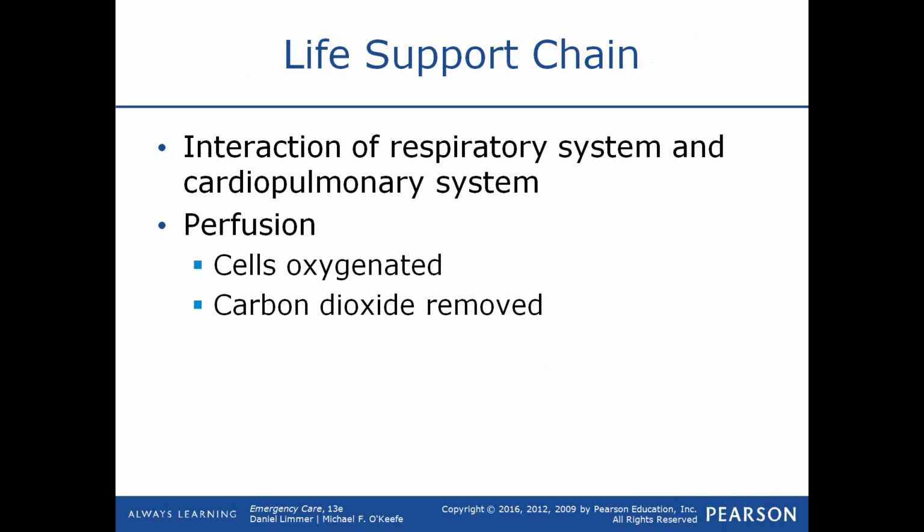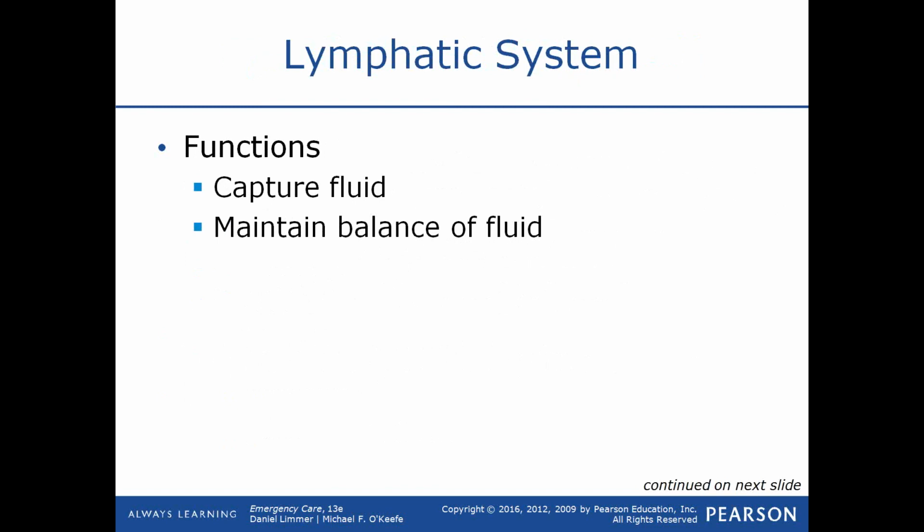And then we have to be able to get that carbon dioxide back to the lungs where it can be expelled with exhalation. So anything that affects the function of the lungs, anything that affects the function of the heart, anything that affects the onloading of oxygen into the blood or the offloading of oxygen at the cells is going to lead to shock.